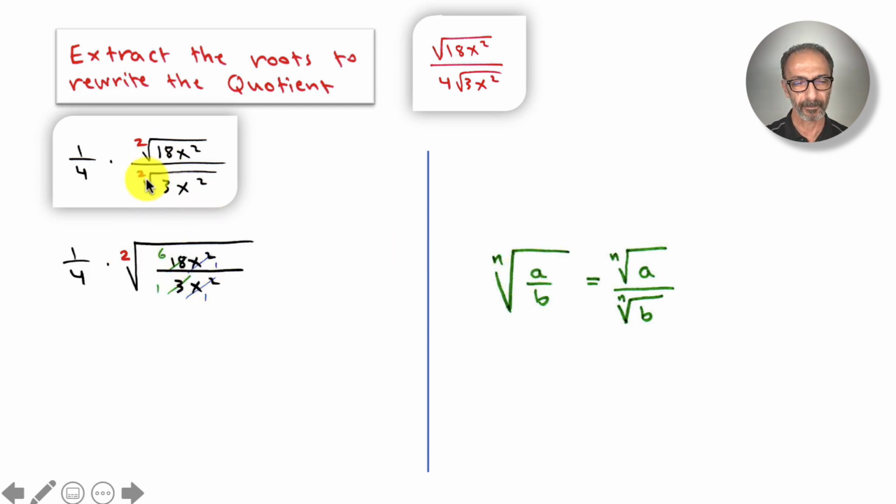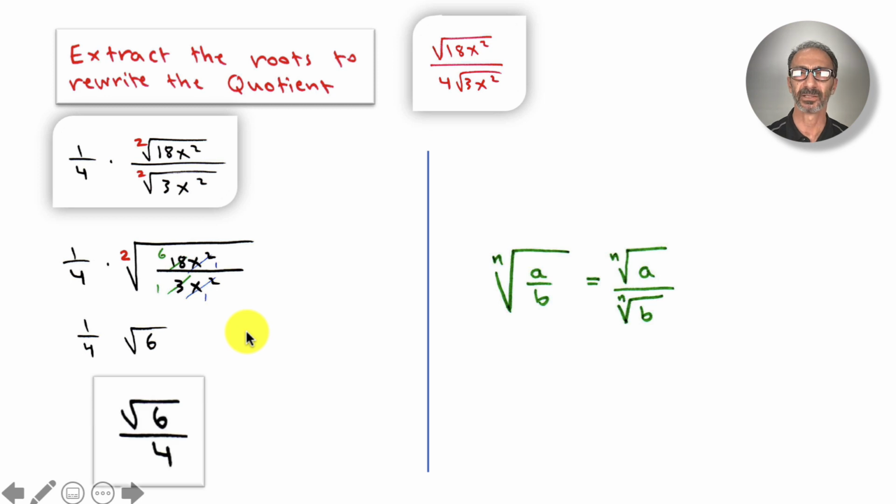Once you do that, notice that 18x to the second over 3x to the second, as a fraction inside, could be simplified. Between 18 and 3, they both divide by 3. I got 6. X to the second and x to the second cancel. And that's it. 1/4 square root of 6, or differently, we could write it as square root of 6 over 4.